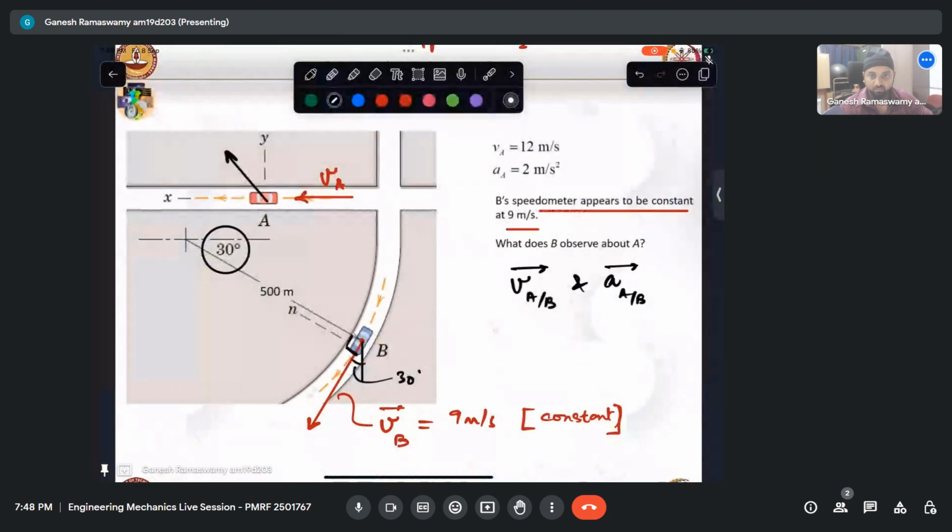So as B moves, A appears to be moving that way. So this is velocity of A with respect to B.